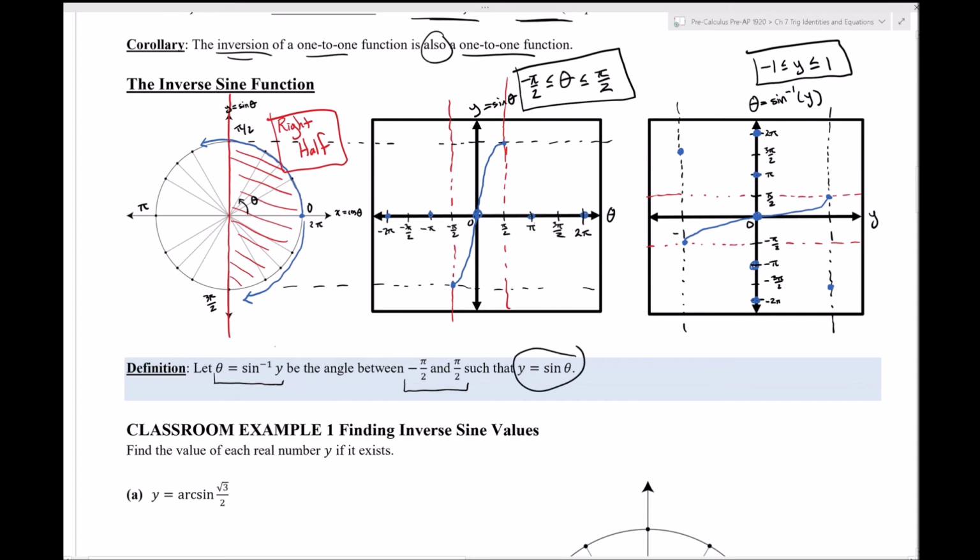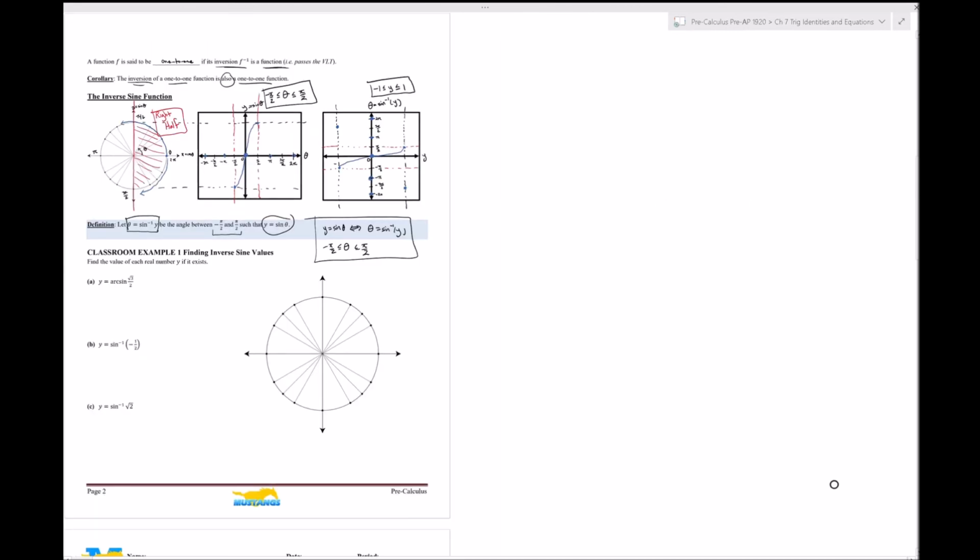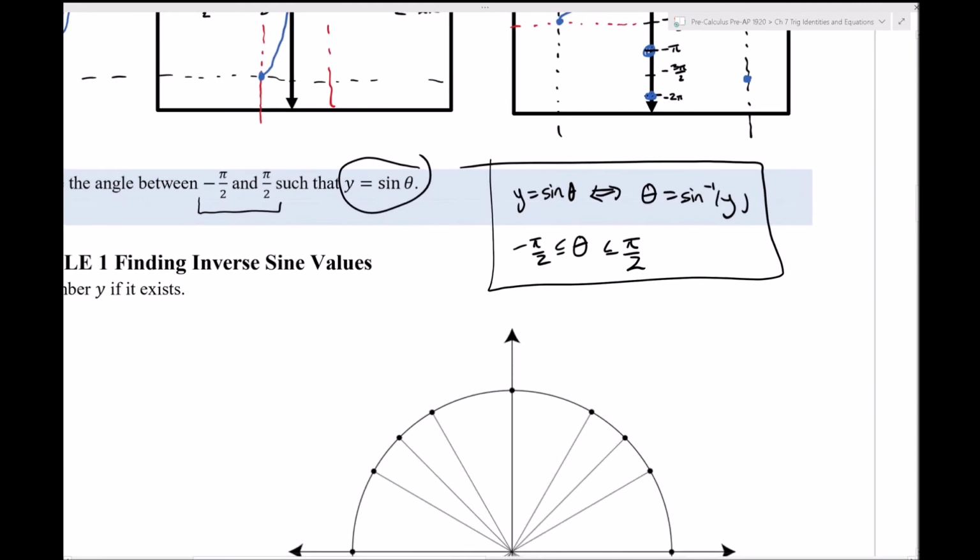So these are the two most important formulas. y equals sine theta is the same thing as theta equals inverse sine of y, and that's if and only if theta is between negative pi over 2 to pi over 2. Very, very important. So that's how we're going to transform backwards and forwards between y and theta.